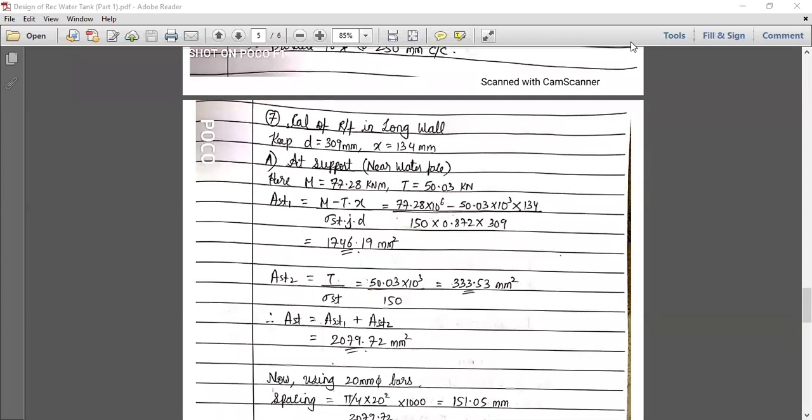Yes, others, just give me the confirmation. Okay, same values getting others also. So total steel is how much? Around 3000.